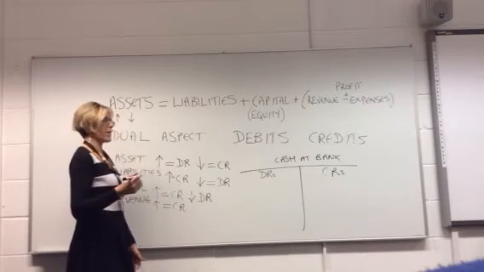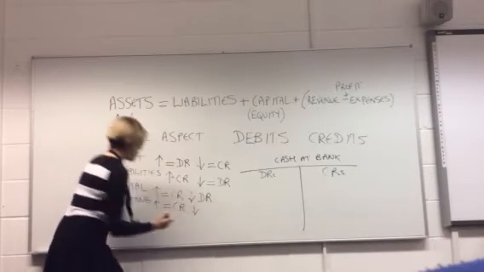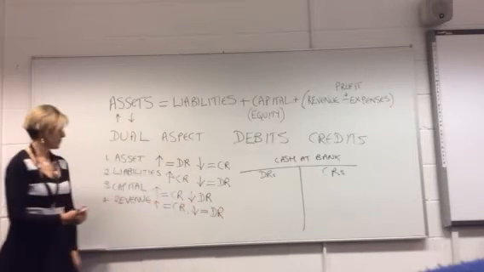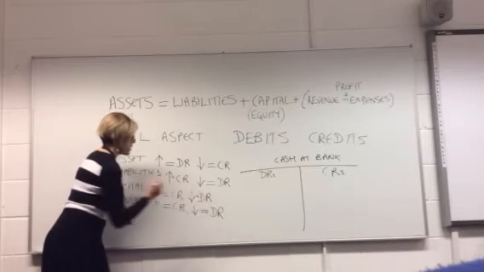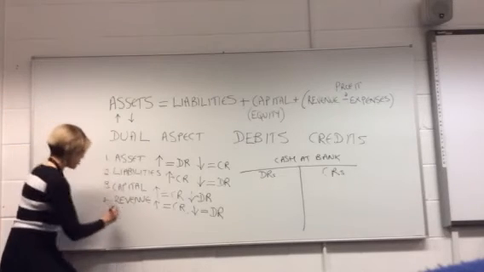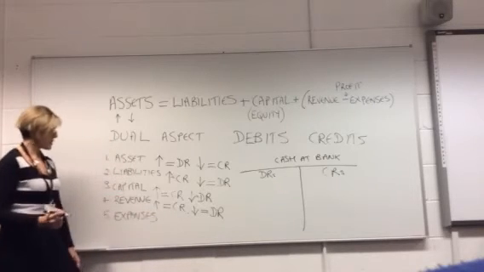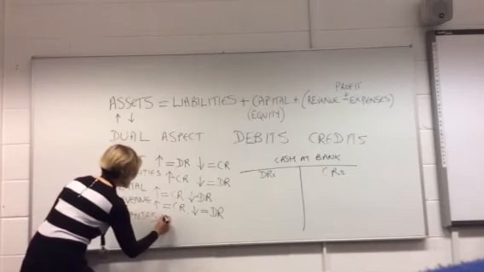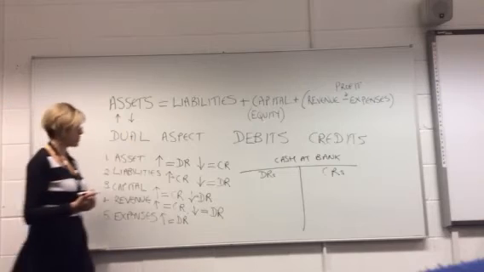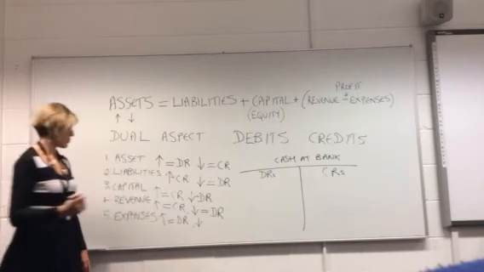And if our revenue went down because maybe we had to give someone a refund, then a fall in revenue would be a debit. And finally, we deal with our expenses or costs. An increase in costs and expenses is a debit on the left-hand side of the T account, and a reduction in costs or expenses is a credit.